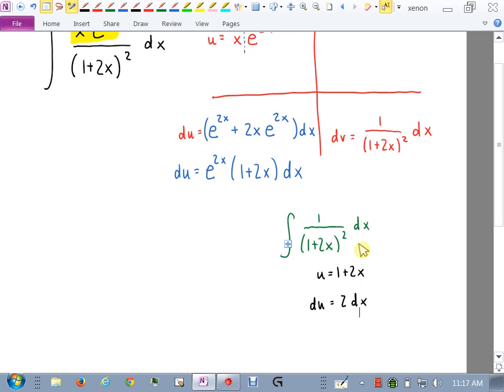I have dx, but I don't have 2, so I multiply by 1/2. Then the new integral is 1/2 coming out, and then 1 over u squared du. But that's just u to the negative 2. Yes?